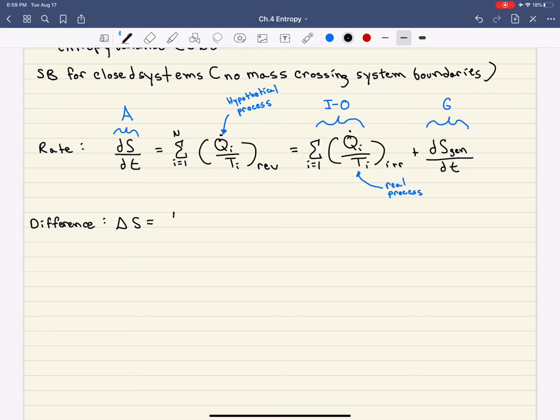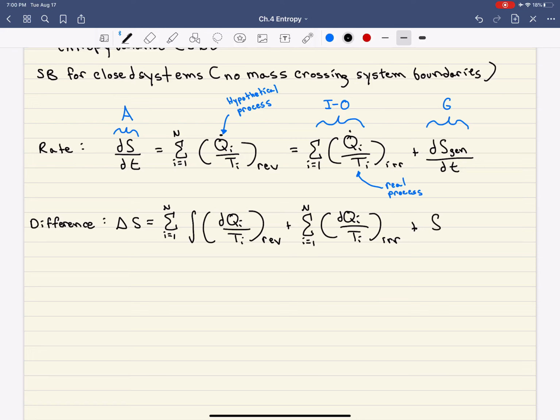And so that's going to be equal to the sum of the integral of dQ_i over T_i for the reversible case plus the sum of dQ_i over T_i for the irreversible case, and then also your generation term as well.